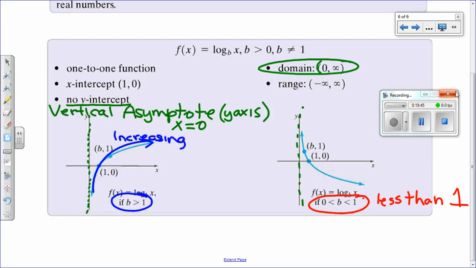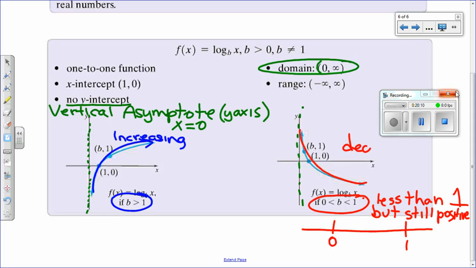Couldn't believe it. So less than 1, that's still positive, which means greater than 0, right? Which are all those numbers between 1 and 0. So when the base happens to be in there, then the graph will be decreasing. However, the domain is still the same.